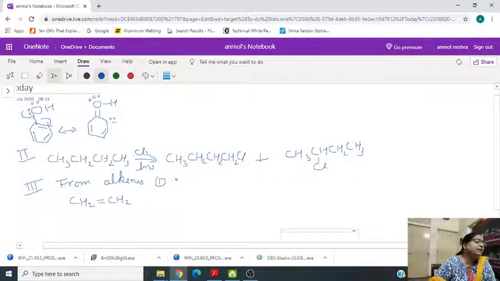So from alkene, first is the addition of HX.